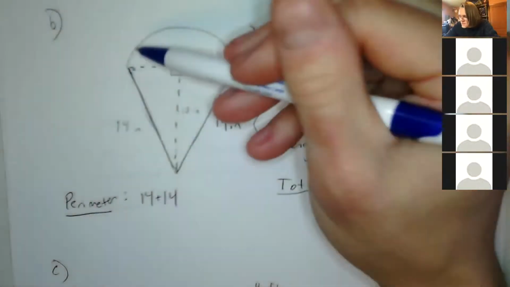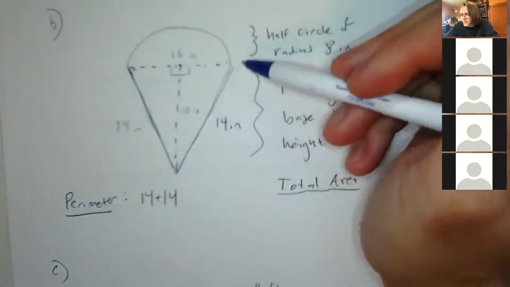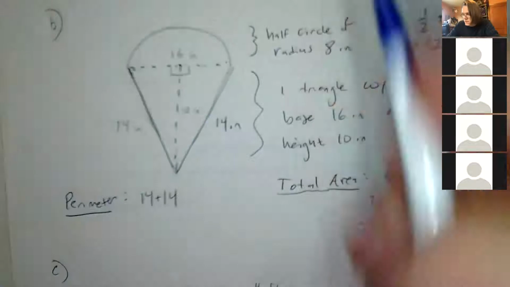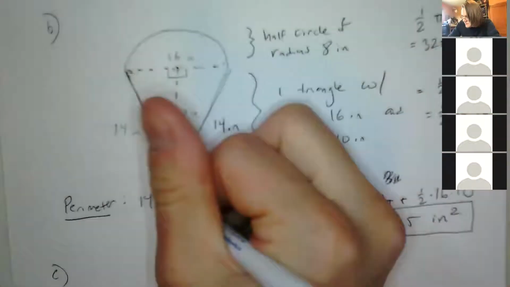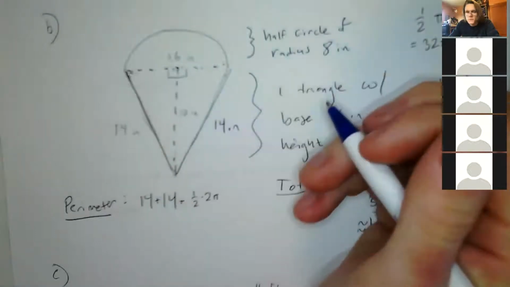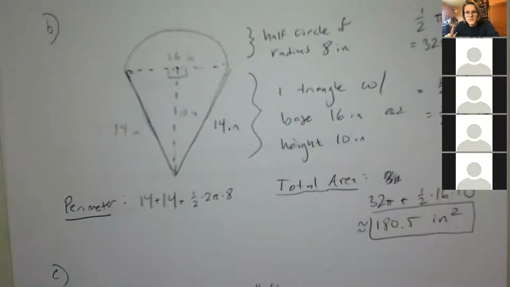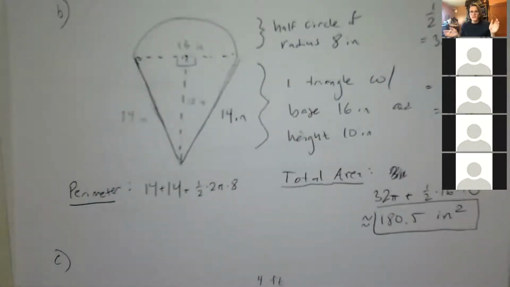And then the only thing left is this top dome from the circle. And that is exactly half the circumference again. So it's 1/2 2 pi r. So r here we said was 8, right? There you go. And the perimeter, as I said, is a length. It's the length of that string. So it's in just units, in this case, inches.